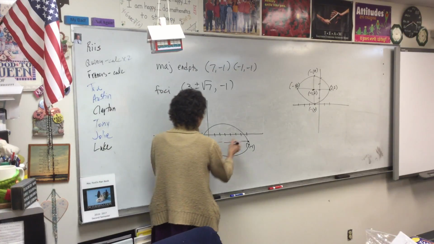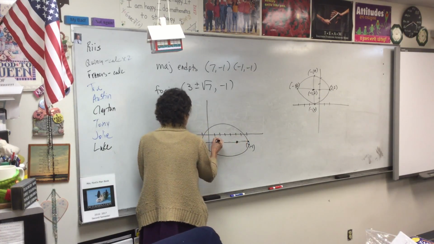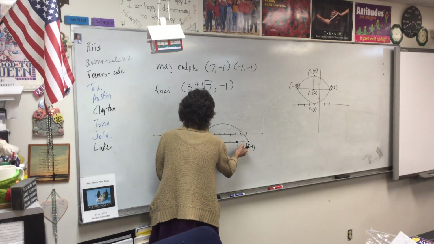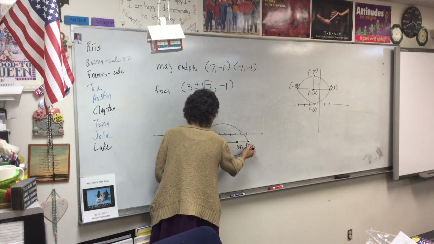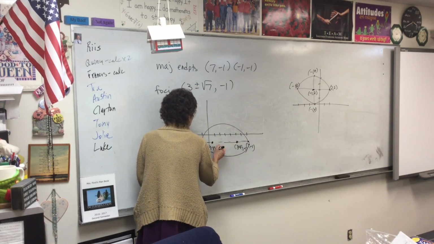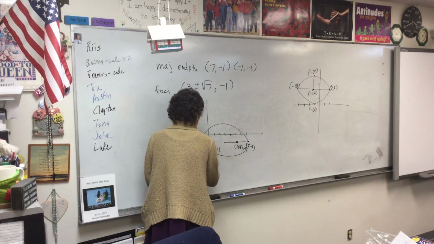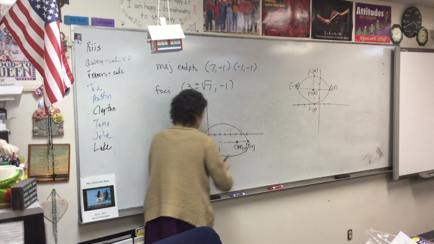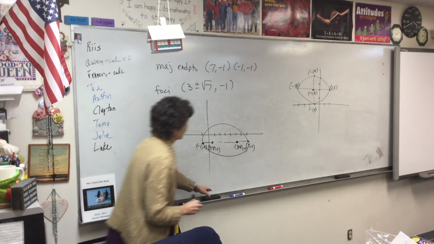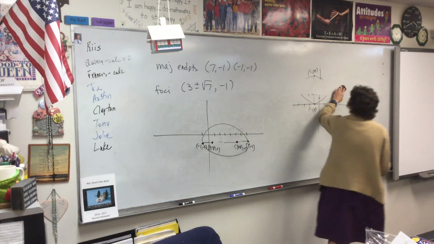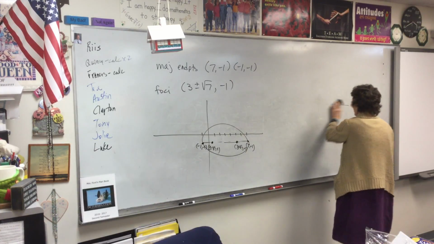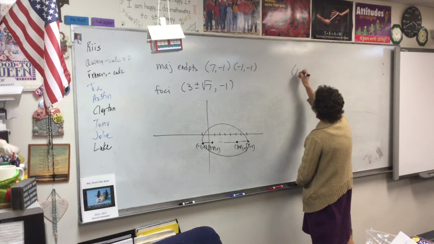And the foci are at 3 plus root 7, comma, negative 1, and 3 minus root 7, comma, negative 1. So that's the given information. And this is what we are shooting for.